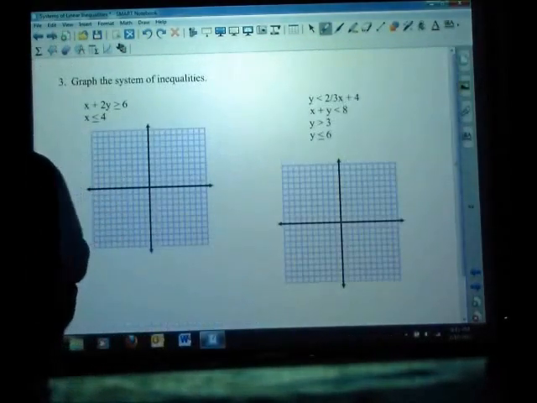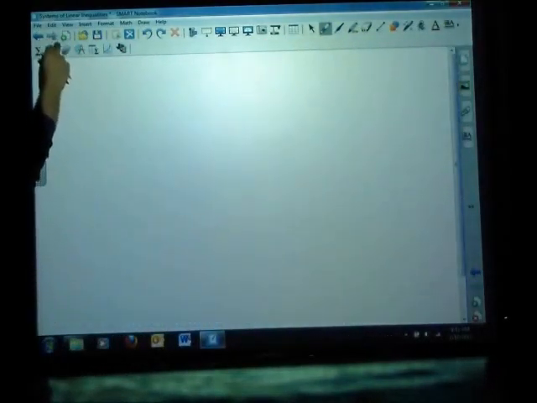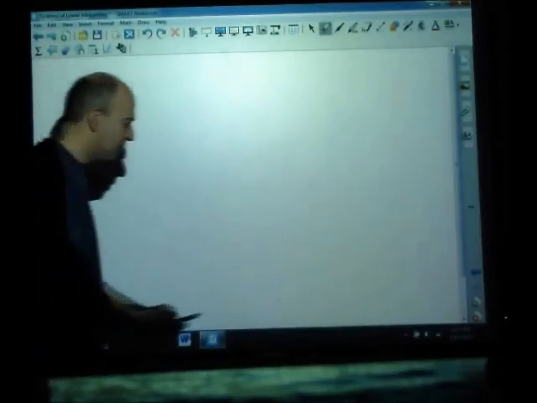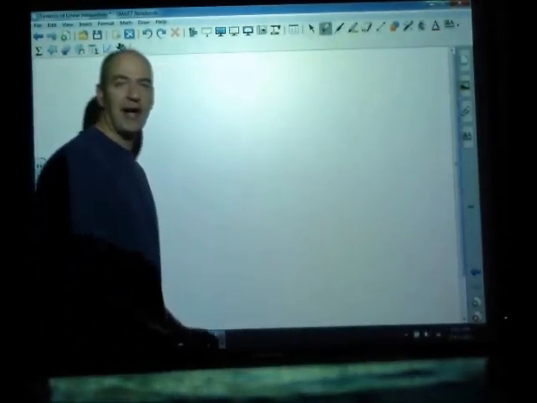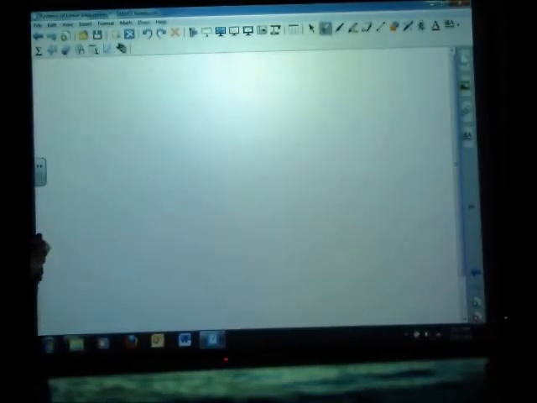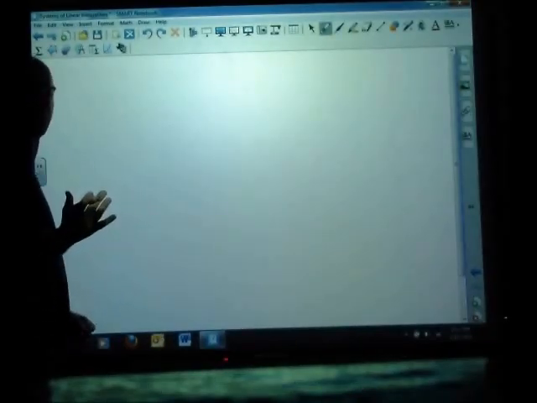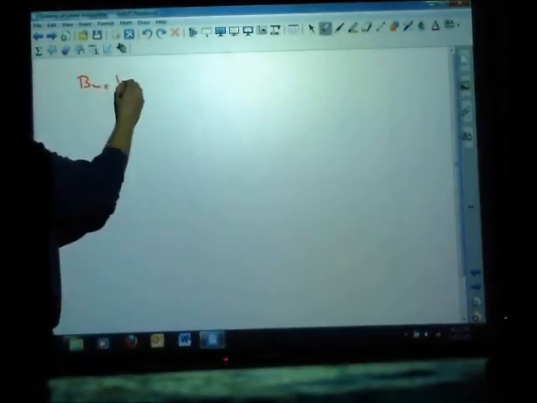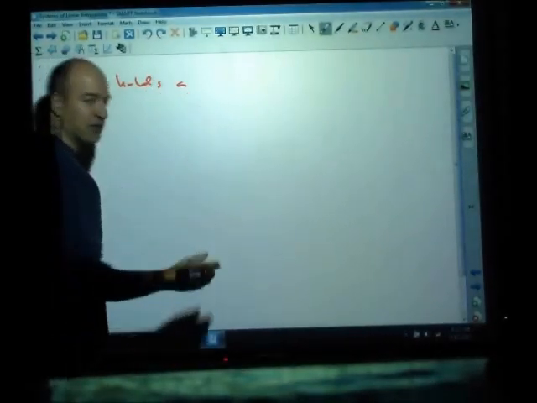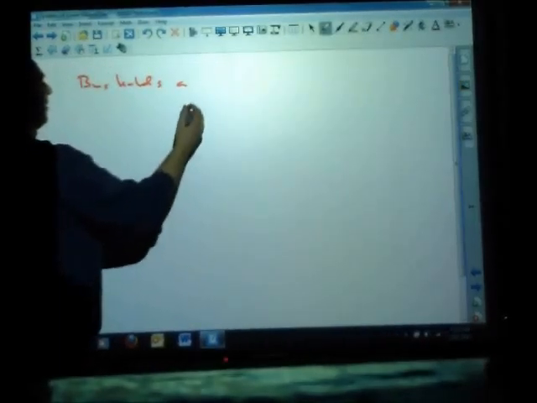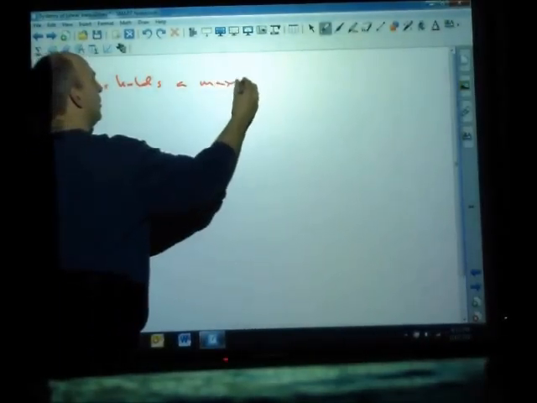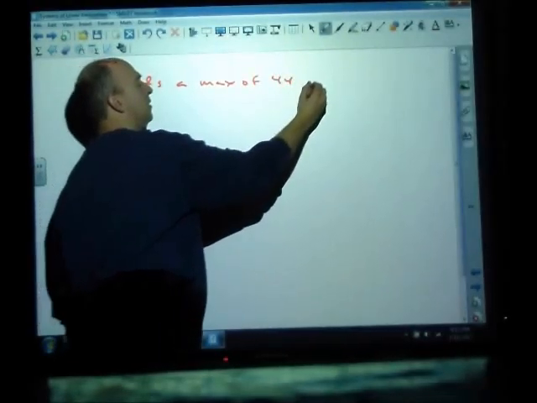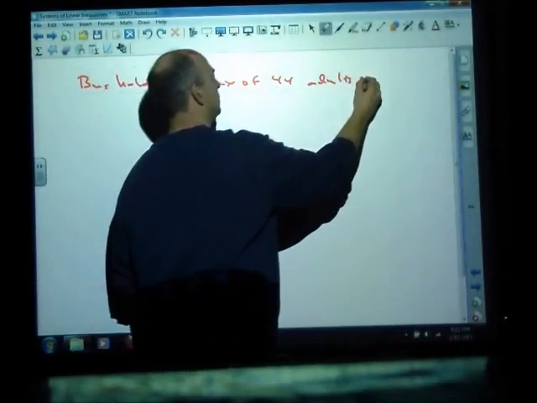Now, besides just graphing, I want to show you a problem. So, for instance, I could give you a situation where we're going to go on a field trip, and the bus holds, I remember this problem from an algebra problem, the bus holds a maximum of 44 adults and students.